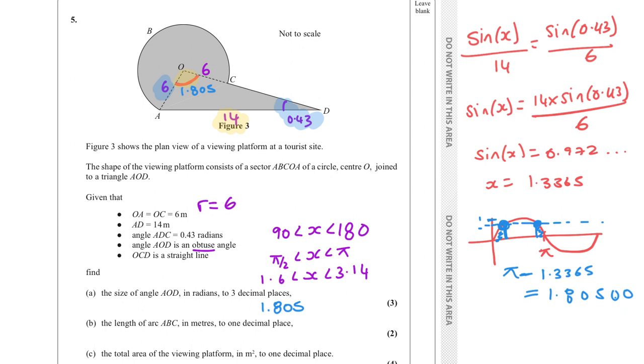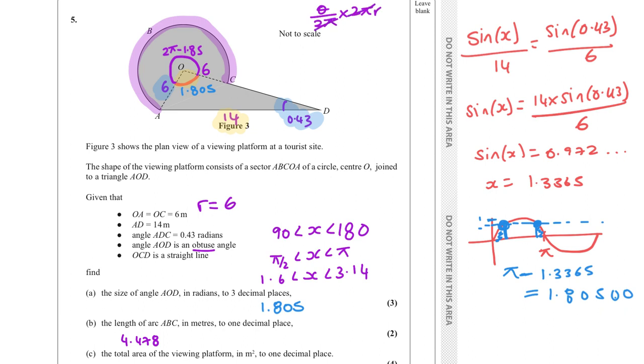So ABC, here we have it, the length of this. Okay, so first of all, I know that this angle here is 2 pi minus 1.805, which is 4.478. And then arc length, I never remember the formula, but I know I'm going to have to do angle over 2 pi times 2 pi r.